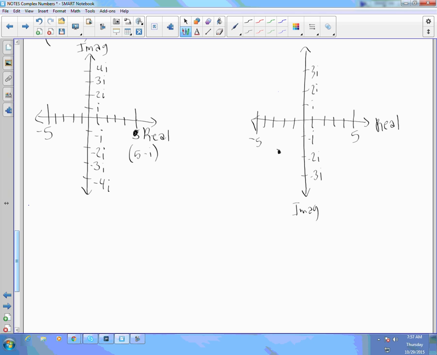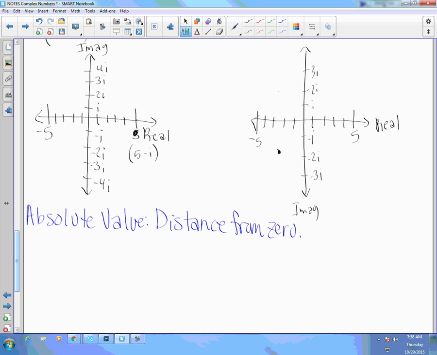Just a reminder, absolute value is distance from 0. So this point right here, 5 minus i, its distance from 0 is that length, right? That makes sense?